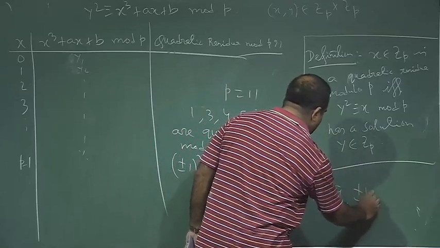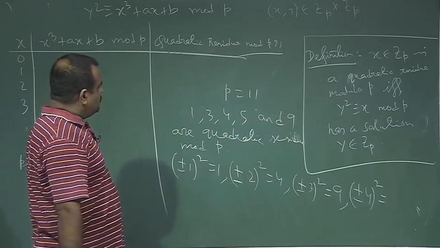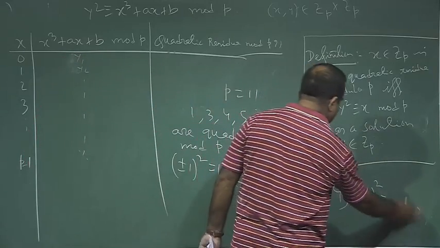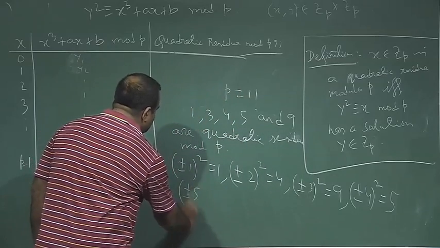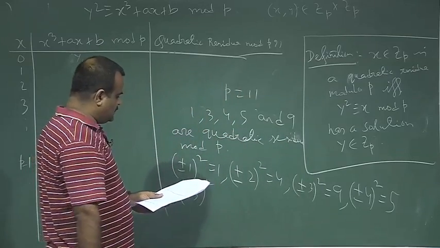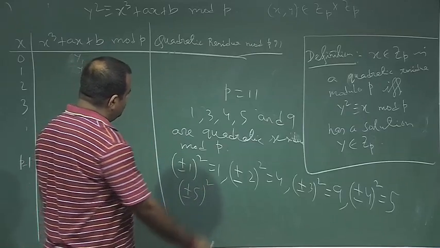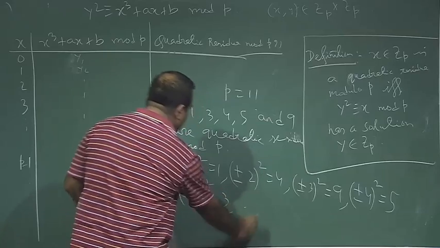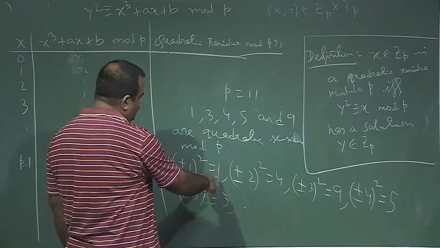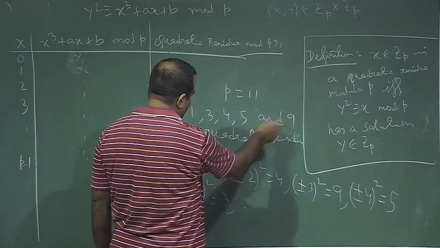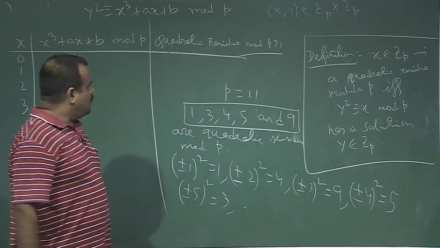Plus minus 4 squared is basically 16, and 16 means 5. Plus minus 5 squared is basically 25, which is 3. So, if you continue like this, we will get only these numbers: 1, 3, 4, 5, 9. So, these are the quadratic residues under mod 11.